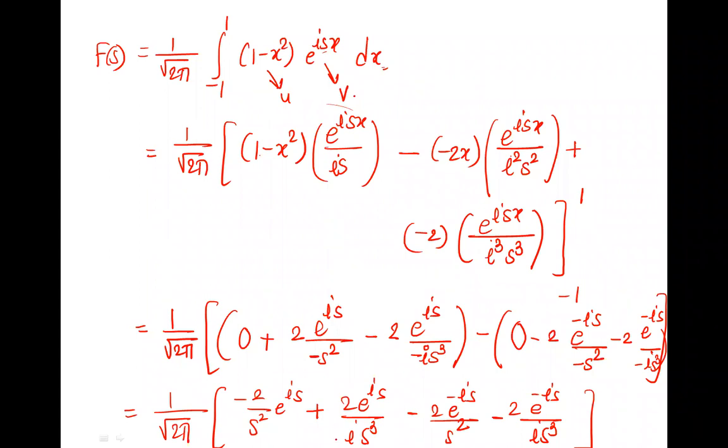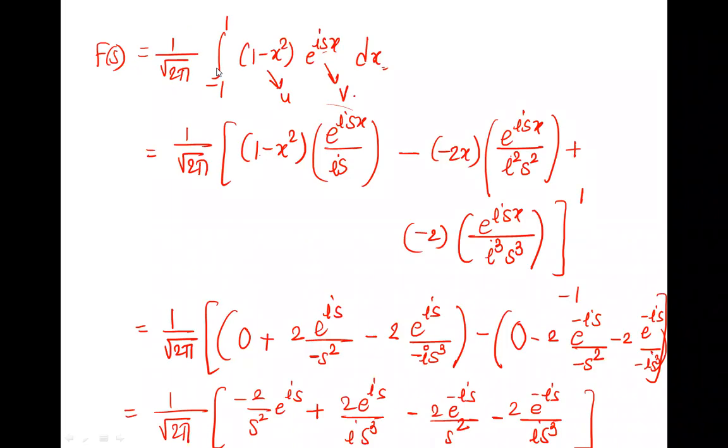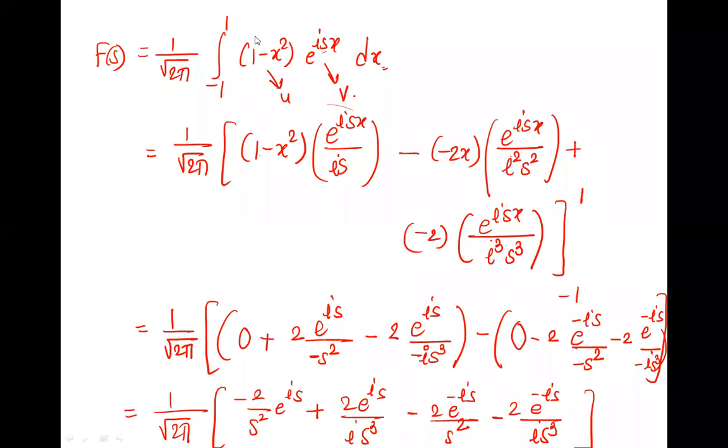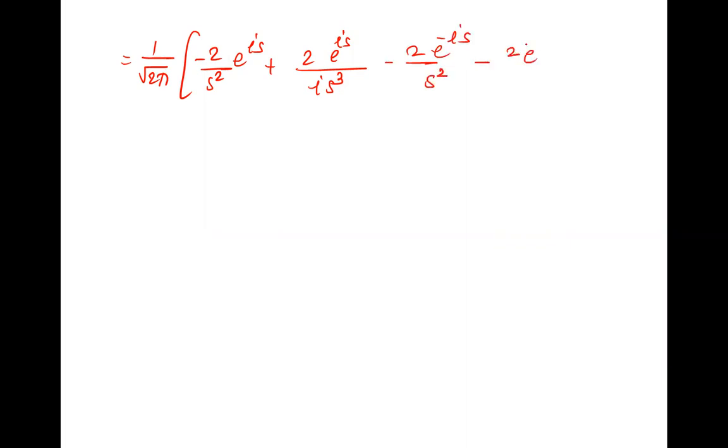Can I do it here? 1 upon √2 pi, minus 2 by s square e raised to is, plus 2 e raised to is upon is cube. Then minus 2 e raised to minus is upon s square, minus 2 e raised to minus is upon is cube. Okay.